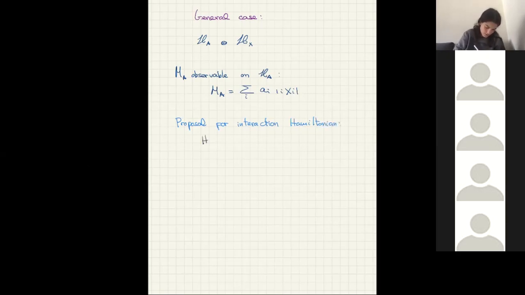And this should be, I x, which is just MA on system A, and here PX.